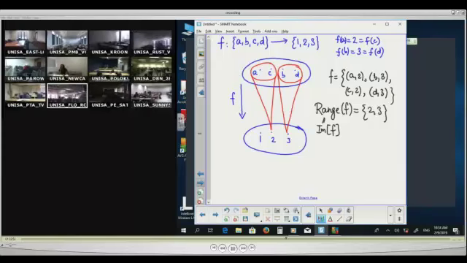Image. So now, you see this picture tells me everything. This picture tells you what are the pre-images, what is what. It's a very, very nice and suggestive picture. It is called the stalk diagram.